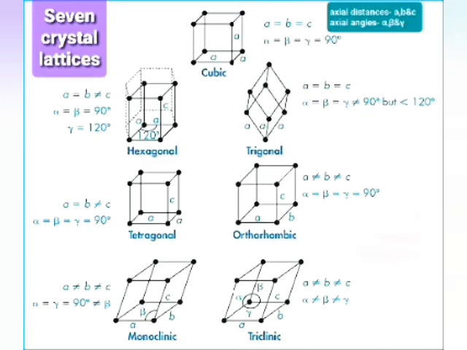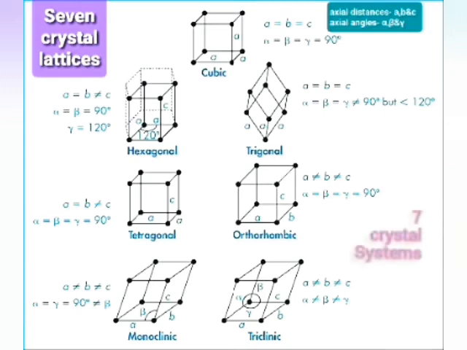For hexagonal, A is equal to B, which is not equal to C, and alpha is equal to beta is equal to 90 degrees, and gamma is 120 degrees. For rhombohedral or trigonal, A is equal to B is equal to C, meaning axial distances are the same, and alpha is equal to beta is equal to gamma, which is not equal to 90 degrees, meaning these are not perpendicular in all directions.